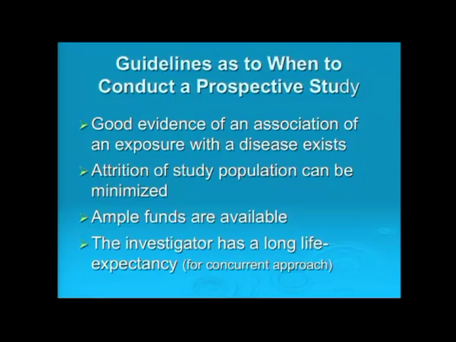Okay. So when do we do a prospective study? You don't do it until you have good evidence that there is an association between exposure and disease. So you don't come up with a research idea and say, hey, I think I'm going to do a cohort study. You would go back and say, oh, maybe there's some ecologic data I could get. Maybe there's a cross-sectional study I could do.